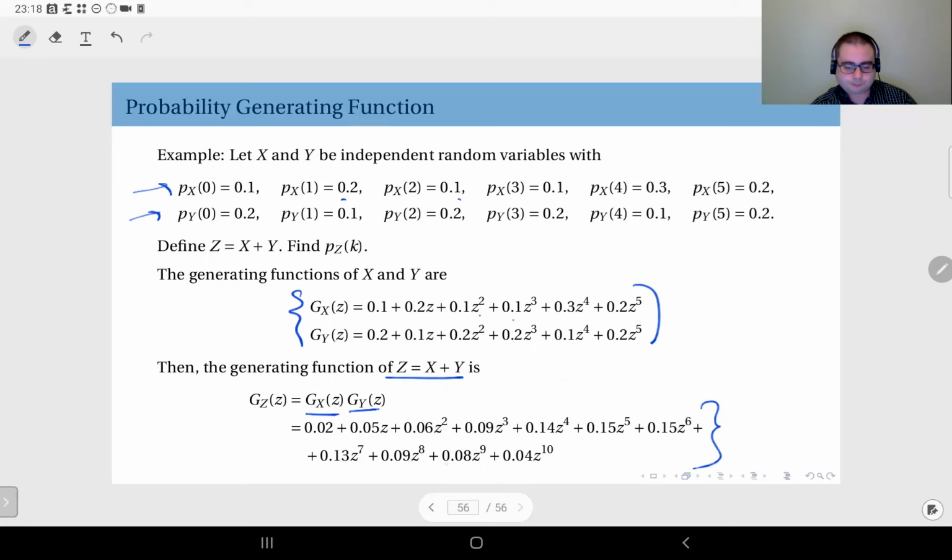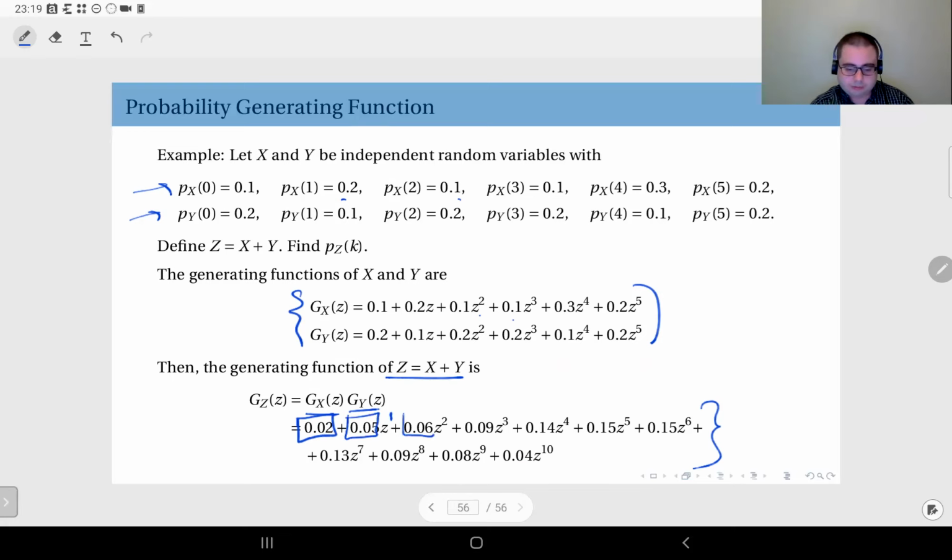When you look at this function, you directly see the probabilities, because this is the coefficient of the term z to the power 0, so it is the probability that Z equals 0. This is z to the power 1, so this is the probability that Z equals 1.